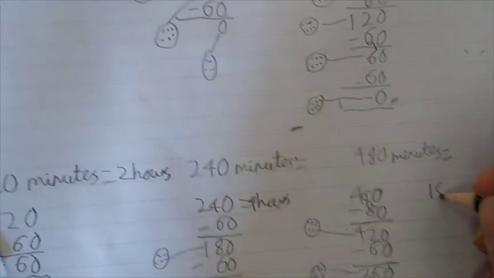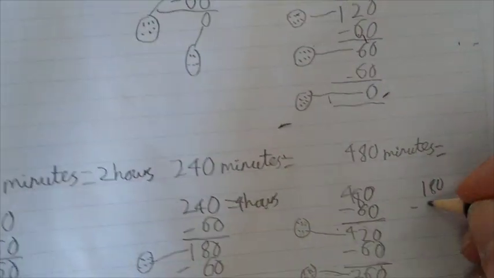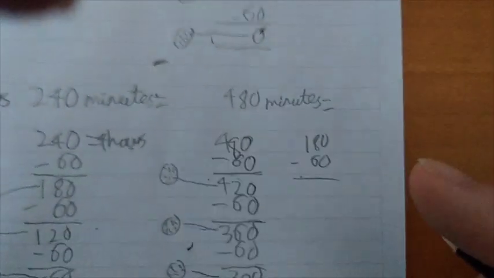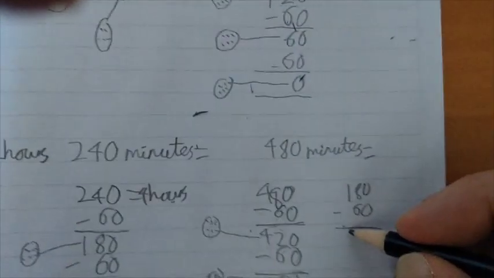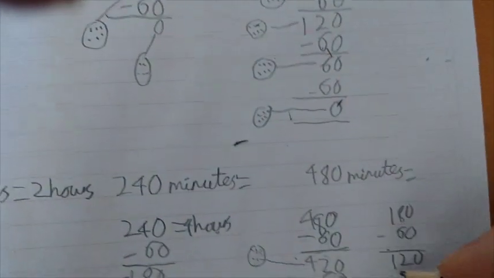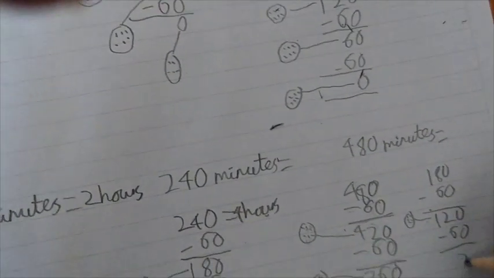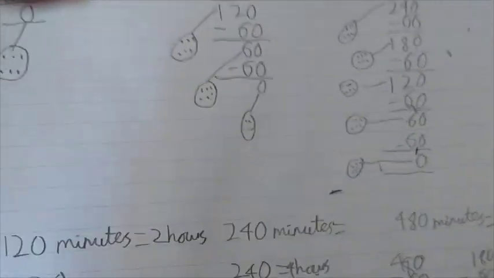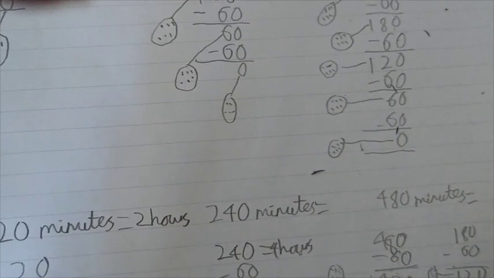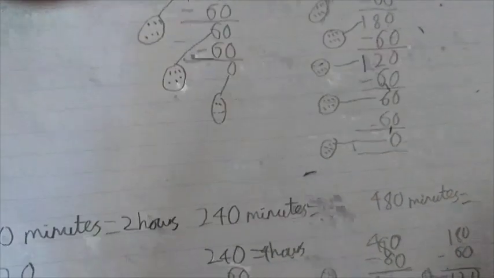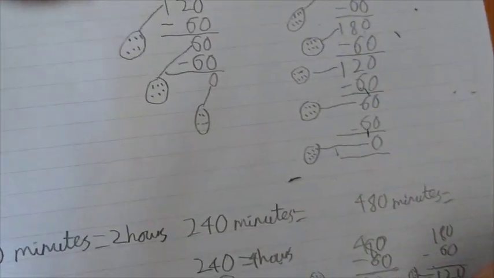So 180, going on to a new bit of paper, minus 60 equals 120. Minus 60, let's put an hour bubble there. Is 60. An hour bubble there.